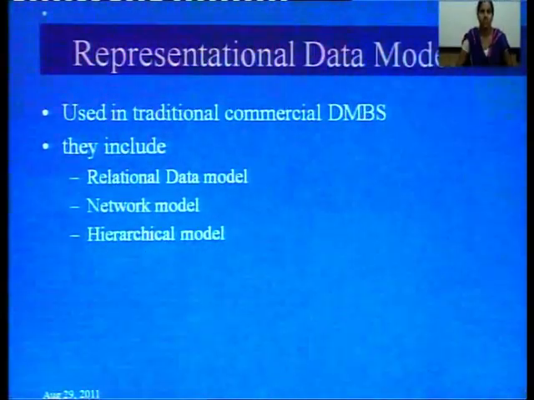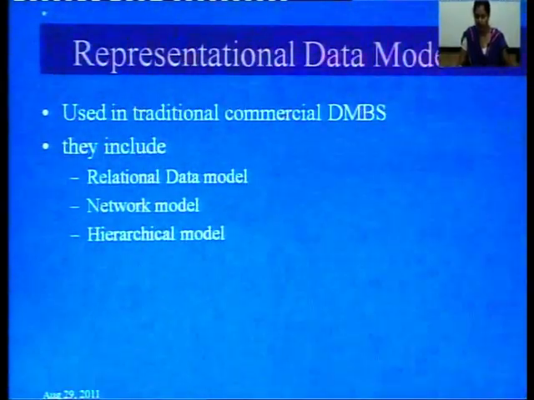Now the representational data model. Actually, data models are categorized into three types: the relational data model, the network model, and the hierarchical model. The relational data model includes a relation variable. Relation variable means the name of the table.